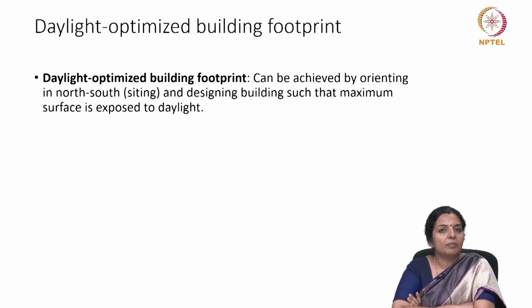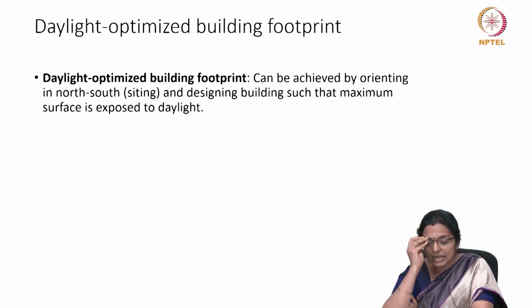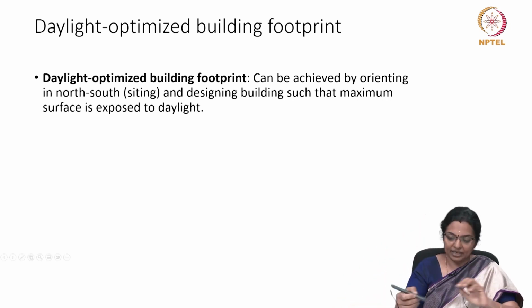Daylight optimized building footprint can be achieved by orienting the building appropriately on the site and designing the building such that maximum surface is exposed to daylight.